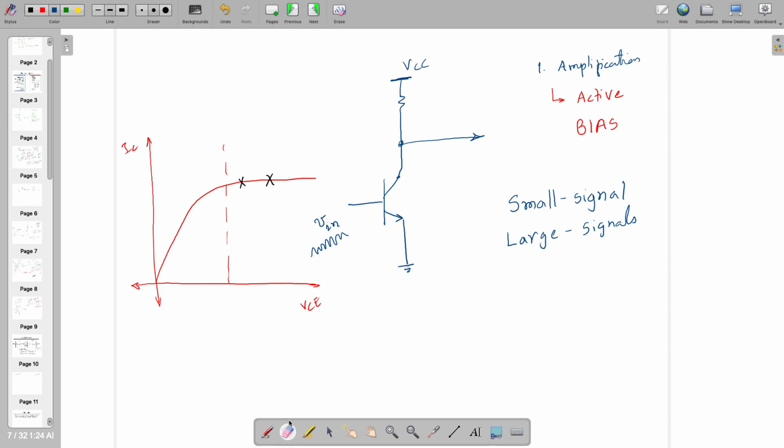So just to solve that purpose, I am adding two resistances. Let's call them R1 and R2. This side some value of VCC will be there. By tuning the value of R1 and R2, you can have some DC voltage on top of which this small signal is riding now, right?